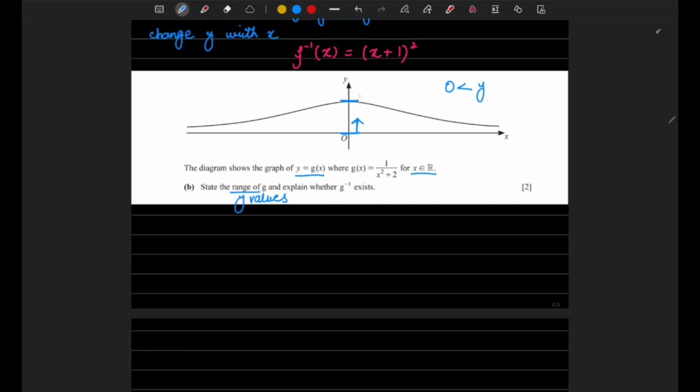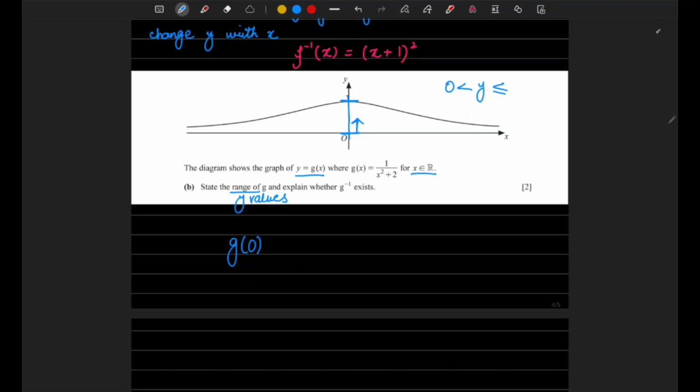But what is the maximum value? We know that the maximum value lies at x equals 0. So if we find g of 0, that would be the maximum y value of your range.